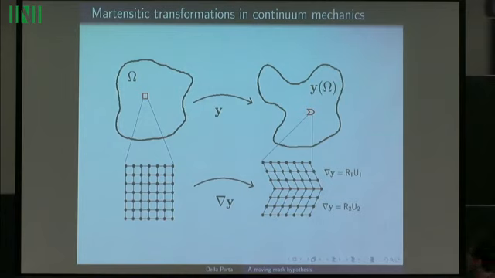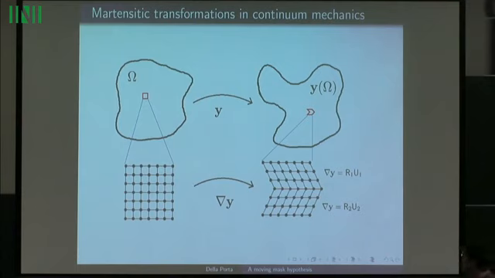One approach is to model these transformations in the context of continuum mechanics. So one considers omega to be the region occupied by a sample in its austenite phase right above the critical temperature.